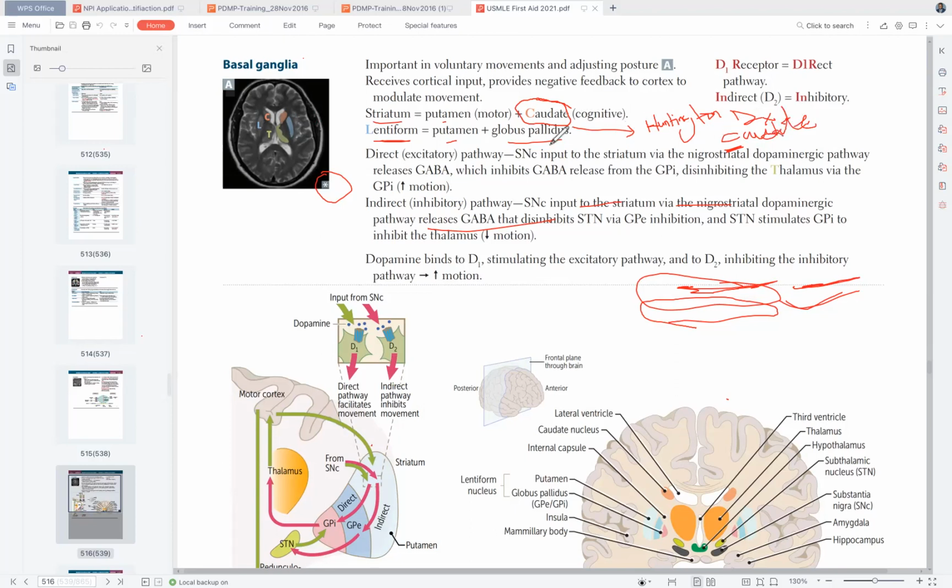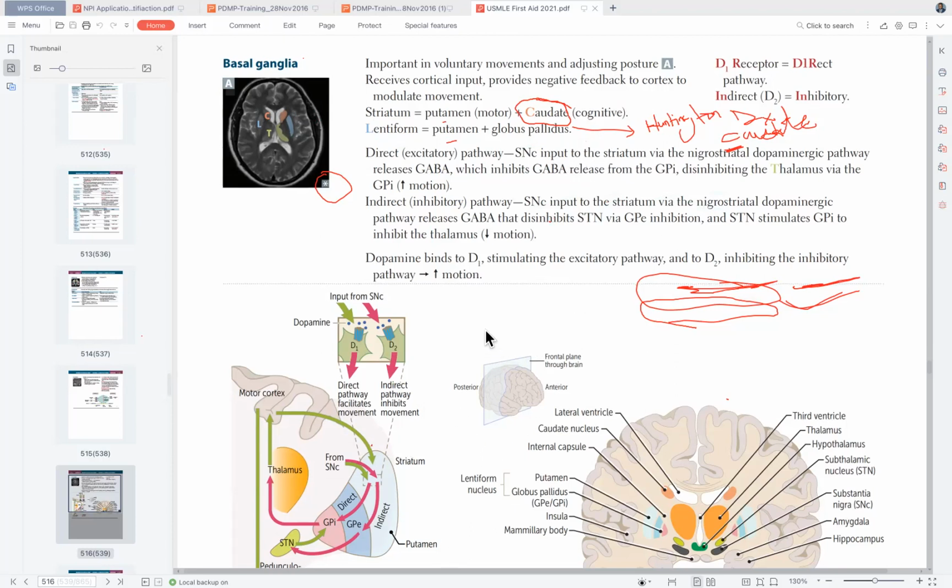Very important that you know that: the caudate nucleus, Huntington caudate. With this, I'll never forget it. So I'm lending that to you. Thank you. Welcome. Okay, so basically that's something you want to know from here. Let's go, Huntington caudate.